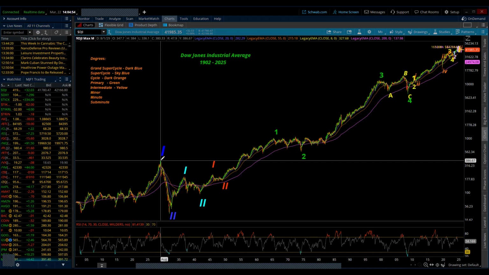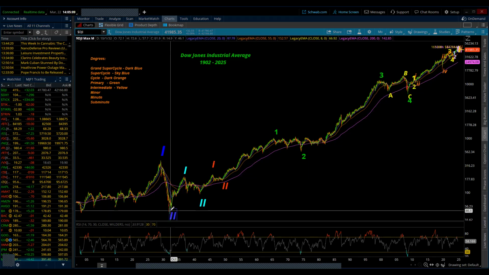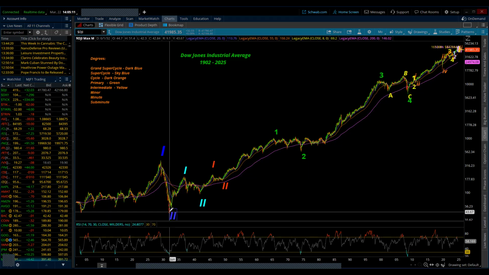Piecing all that together, we still come up with the 1929 high as the completion point for Grand Supercycle Wave 1, and the 1932 low as the low for Grand Supercycle Wave 2. That's my starting point, the largest degree under Elliott in play here in the Dow Jones, which I have most of the data for.